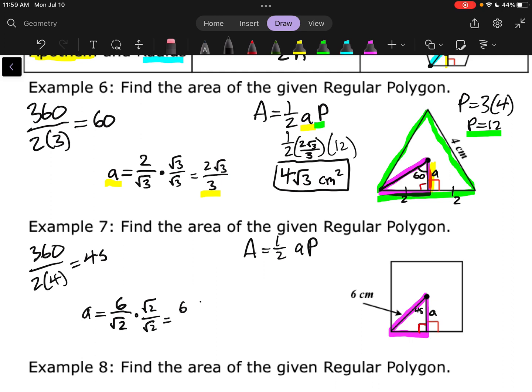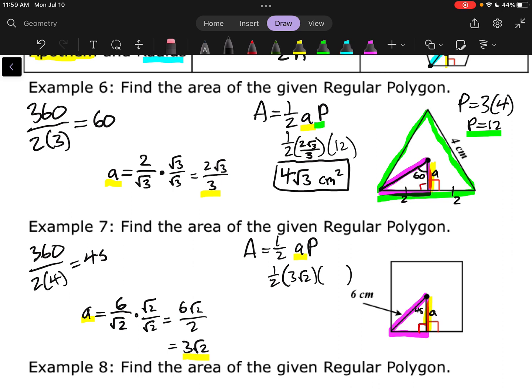That would be 6 root 2 over 2, which would be just 3 root 2. So my apothem is 3 root 2. So that's 1/2 times 3 root 2 times the perimeter, which I don't know what the perimeter is right now, do I?